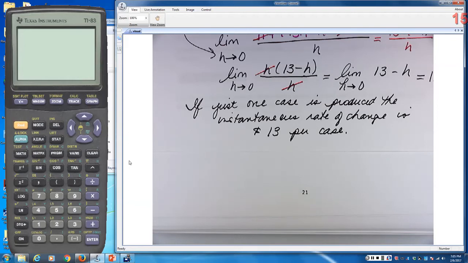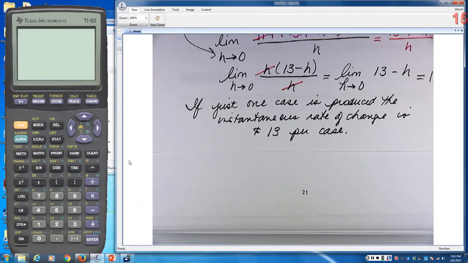Okay? That's basically how fast your cost is increasing per case at one case. It's increasing by $13 a case at one case.